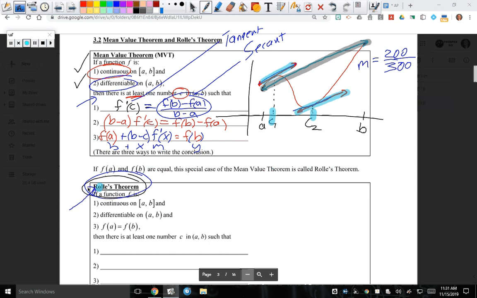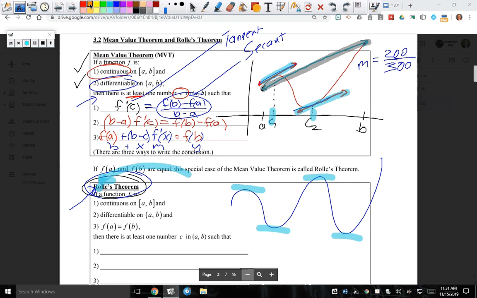Okay? Rolle's theorem, there's your visual. All it cares about is where the slope is what? 0. Because Rolle's theorem is looking at the critical points that exist. Like I started off the notes by saying, these are important because they're equal to 0. With what I drew right now, could I use Rolle's theorem?